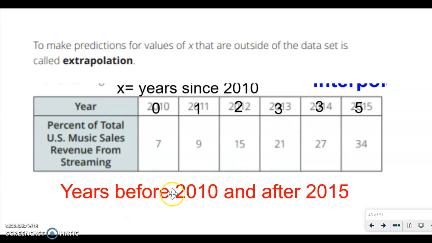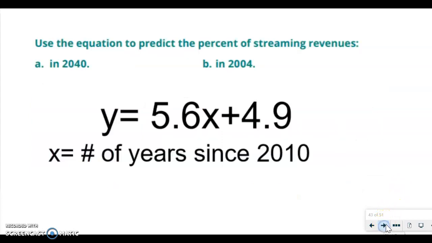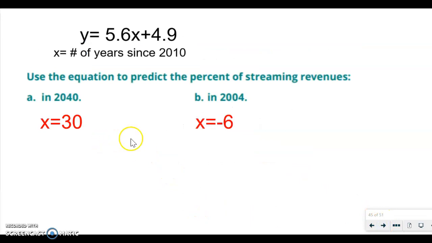Anything before 2010 is being extrapolated, which means it's outside my range, and anything after 2015 is also considered to be extrapolation. Let's see why. We're going to look at the years 2040 and 2004. In years since 2010, 2040 turns out to be an x value of 30 because it's 30 years after 2010, and 2004 is -6.